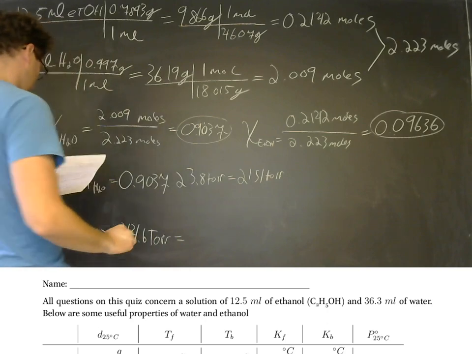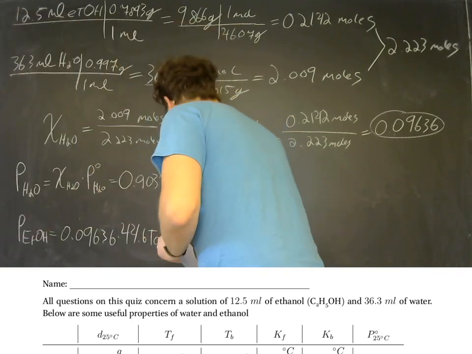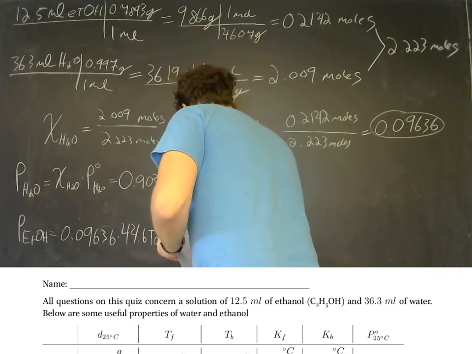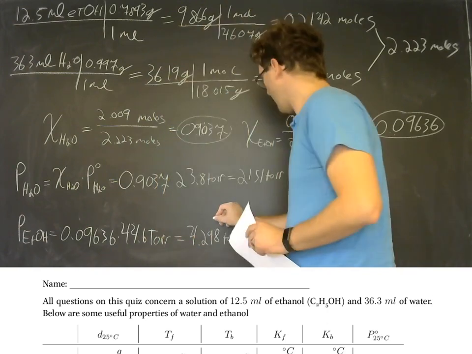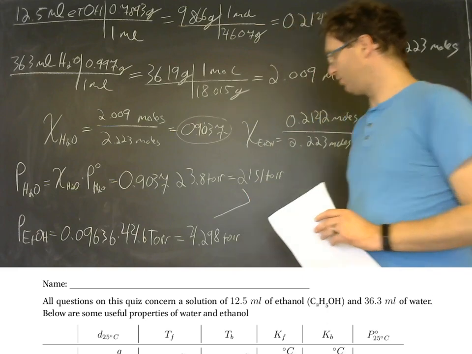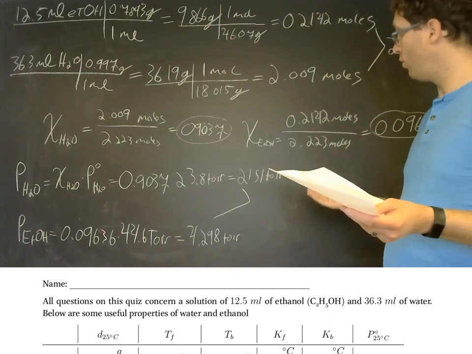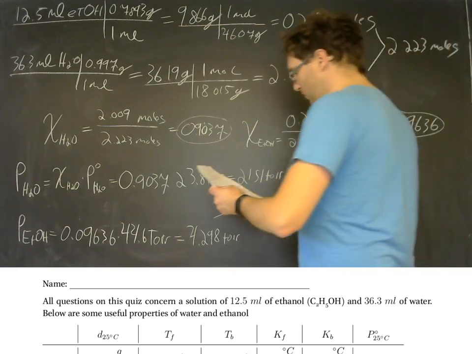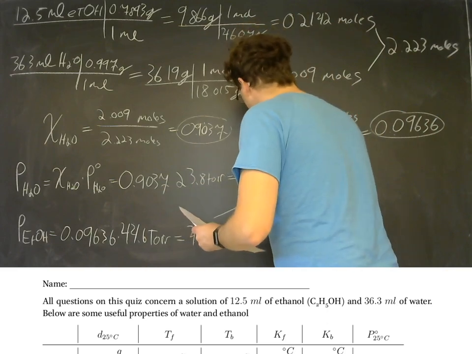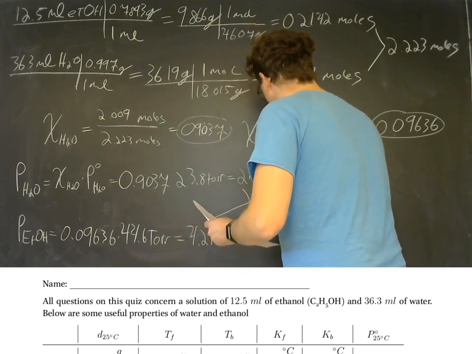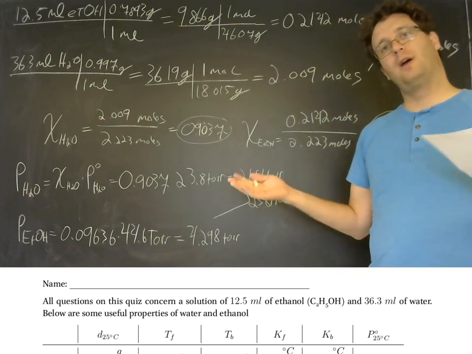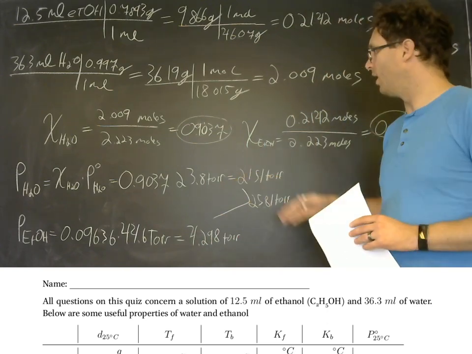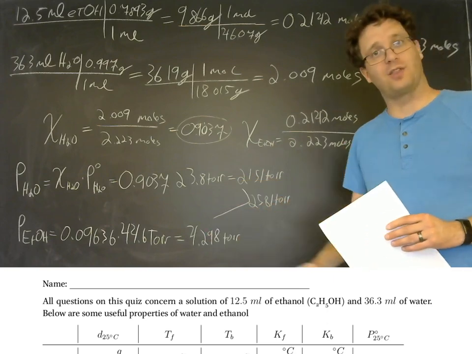That's going to be 4.298 torr. We can combine these two to give us the total pressure, which is going to be 25.81 torr. 25.81 torr is the total vapor pressure of this solution, the water together with the ethanol.